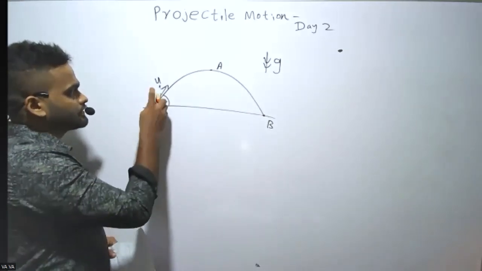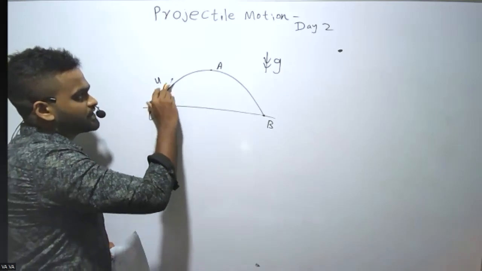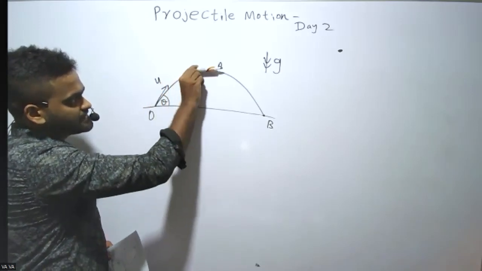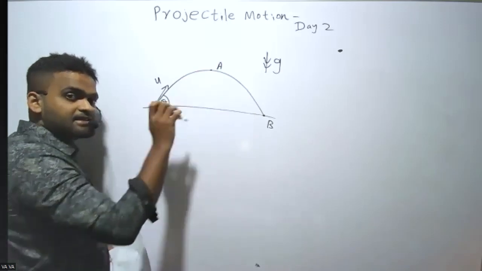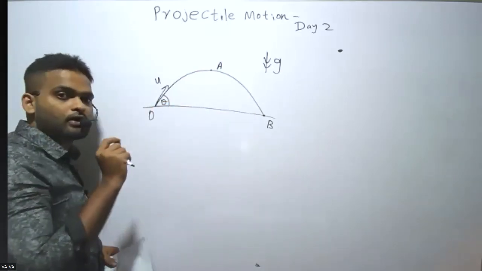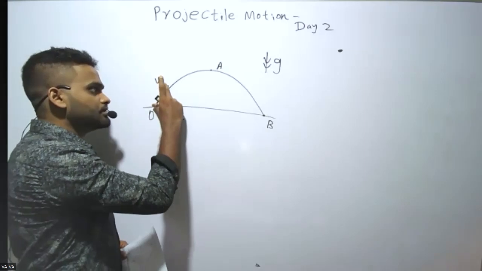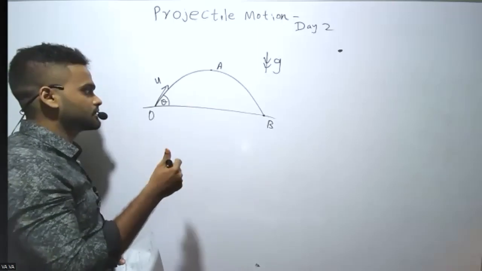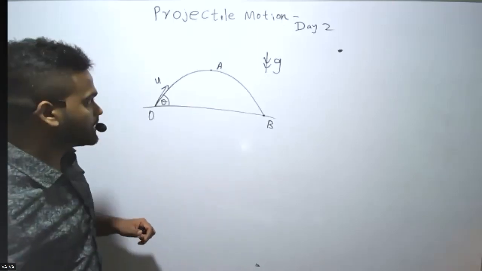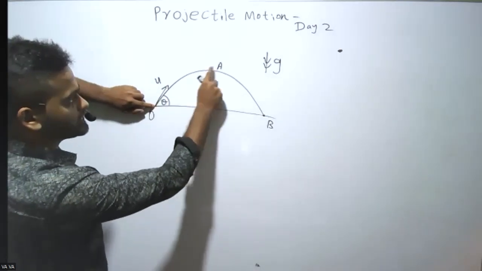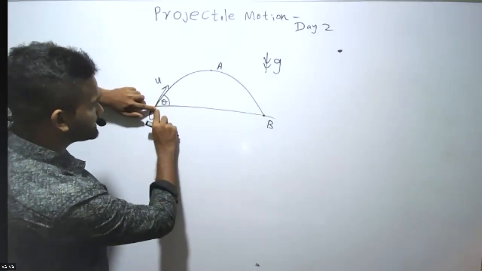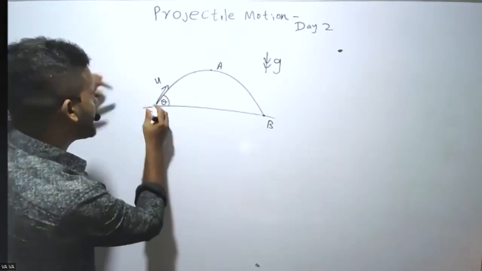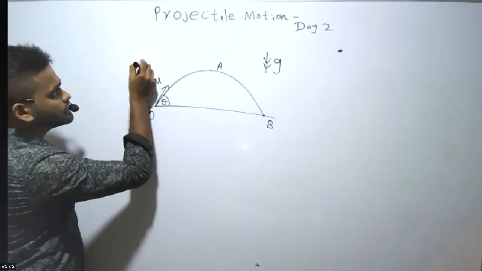The thing is, as this object moves in this path, its direction keeps changing, and it is a bit complicated. So what we are going to do is consider this motion horizontally and vertically separately. If this object moves like this, the horizontal component moves from here to here, and then the vertical component goes up and comes down.